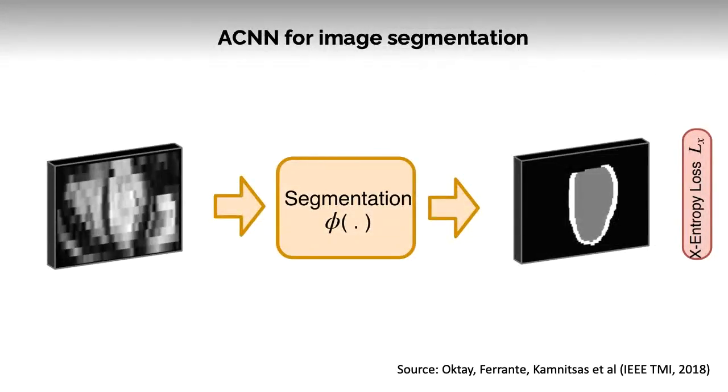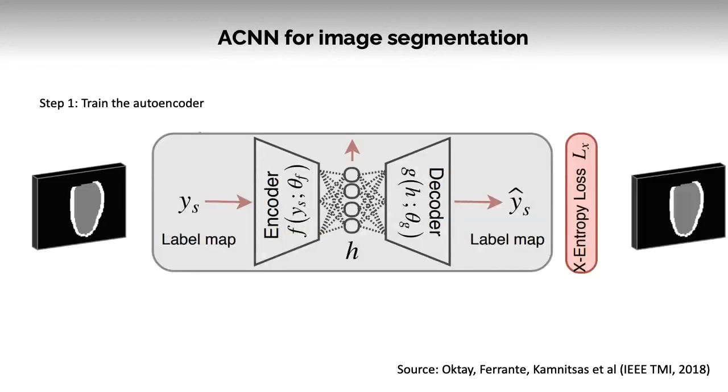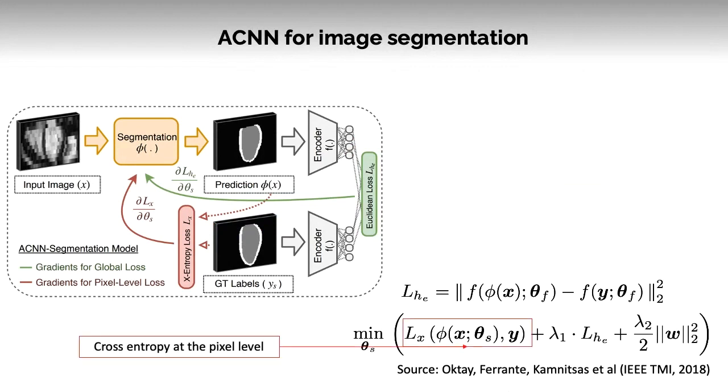And so this was the idea we proposed in this paper. We basically have our input image that we want to segment with a given network. In this case, this is the heart, and we'll segment the left ventricle of the heart. And so the first thing you will do is pre-train an autoencoder with the segmentation mask. Okay? This will be done easily. Then we start training our network. You have your image, you get your segmentation. And the loss function will have two terms.